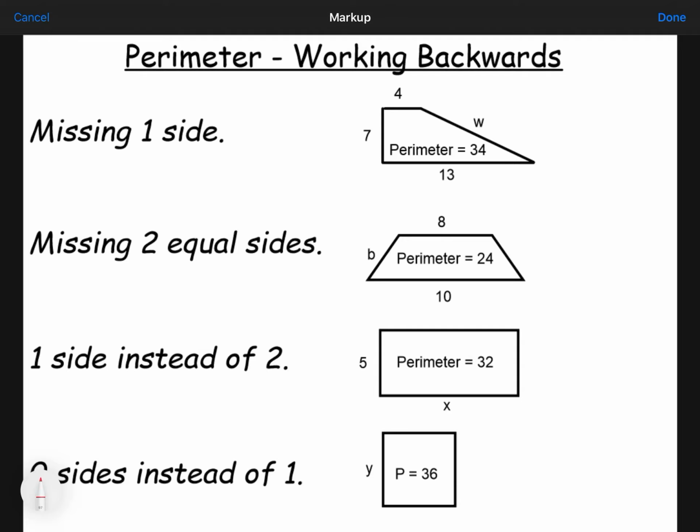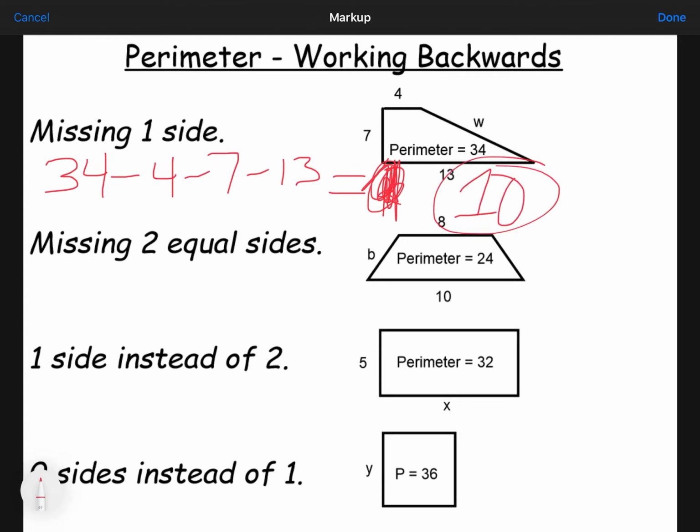You could write an equation with adding, but it's easier to start from the whole number, in this case 34, and subtract away all 3 of the numbers they give you, leaving you with just 1 number left, which comes out to be a missing side of 10. Let me cross that out. Equals 10. Sorry about that.